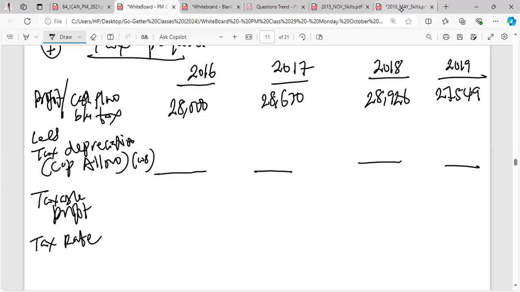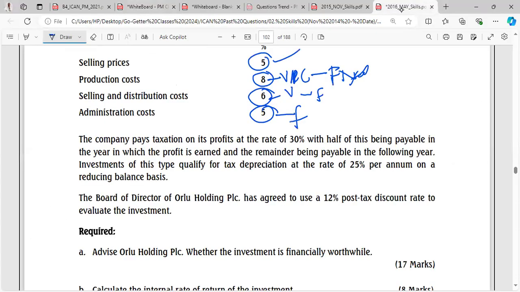We are told that the company pays tax at the rate of 30%.